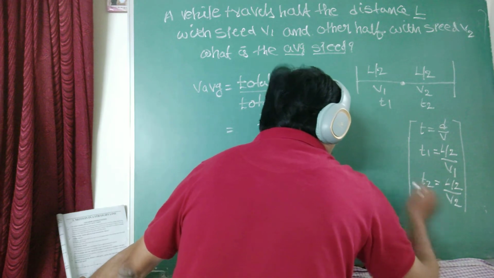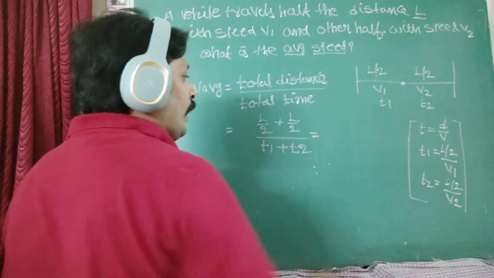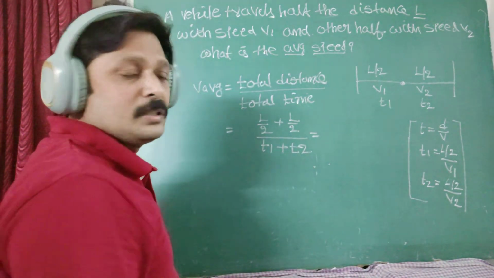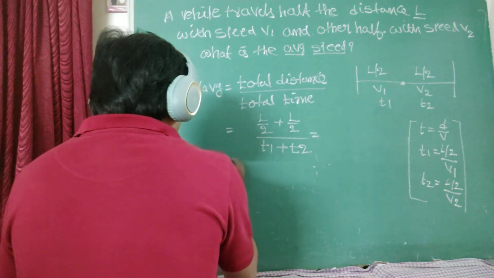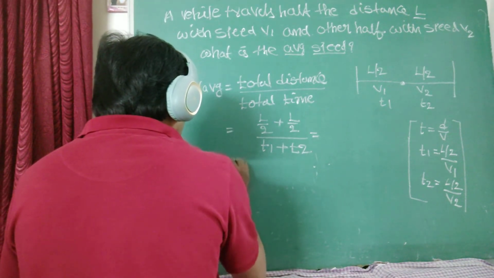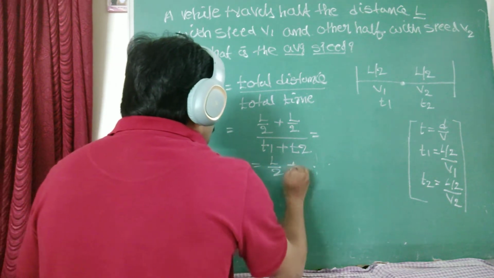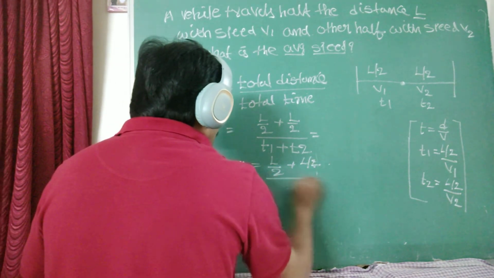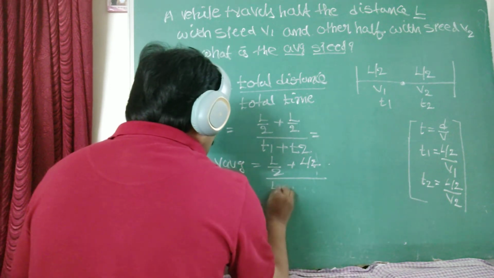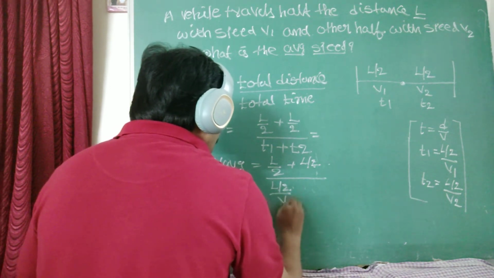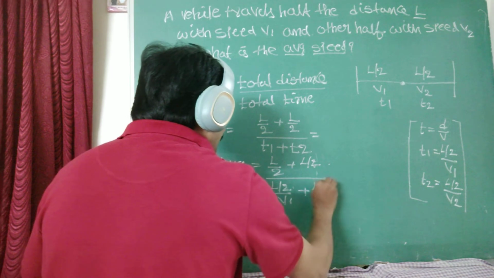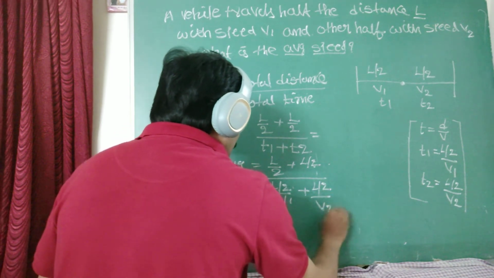It is easy now to replace T1 and T2 by the concerned values in terms of half of the lengths. Now the average speed equals L by 2 plus L by 2, divided by L by 2 by V1 plus L by 2 by V2.